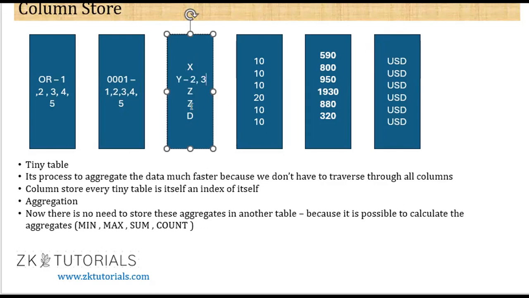So if the data is repeating, what can I do? I can directly say Z is at the 4th and 5th location. Same with this. We can do it like this for every table.